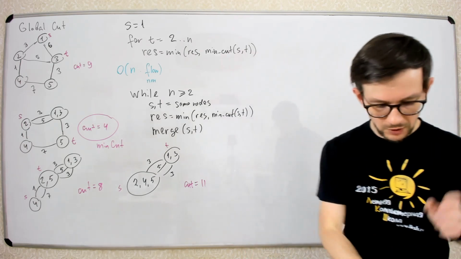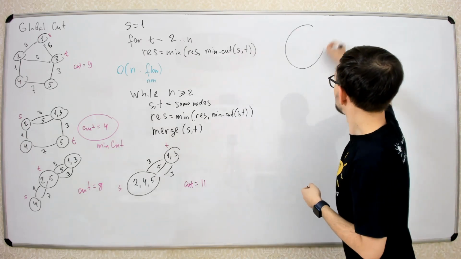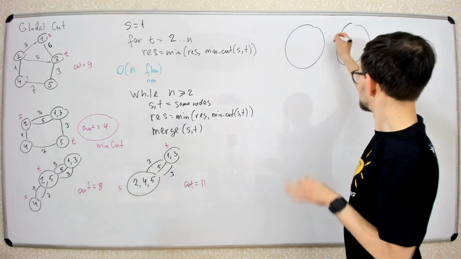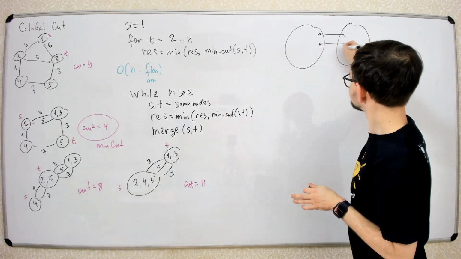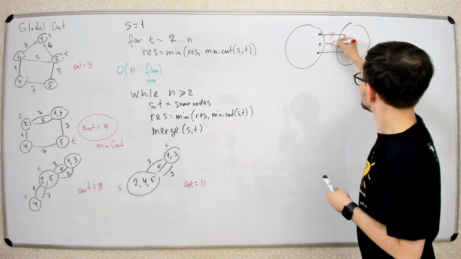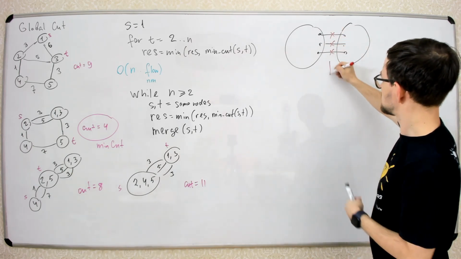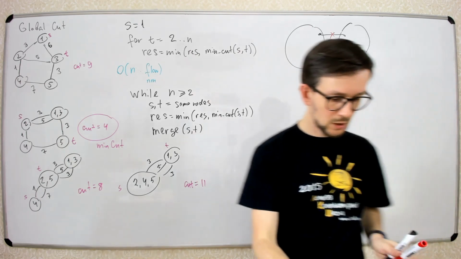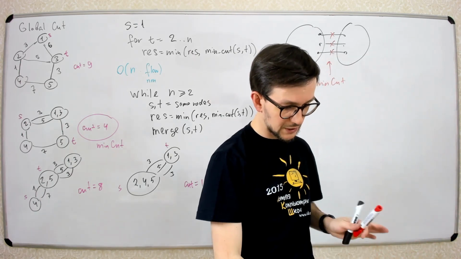So there is some global cut. We don't know what the global cut is, but there is some. So this is the minimal cut.